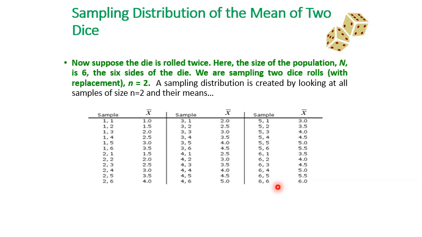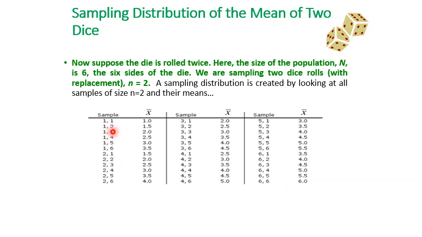Why do we call them 36 possible samples? Because we can imagine this experiment as having a population of 6 numbers, the six numbers that I can get when I roll a die, 1, 2, 3, 4, 5 and 6, and we can imagine that as if we are sampling 2 dice rolls from the 6 numbers, because we are rolling the die twice.